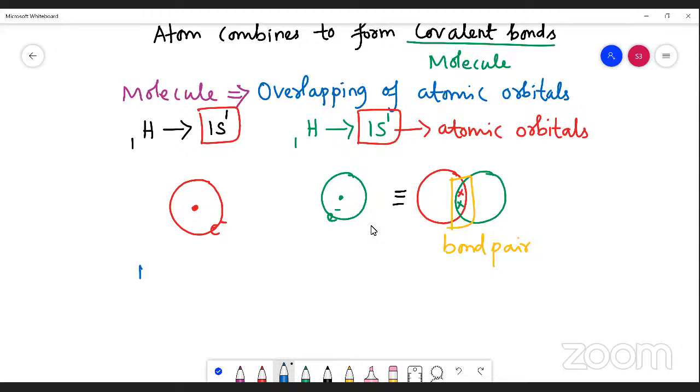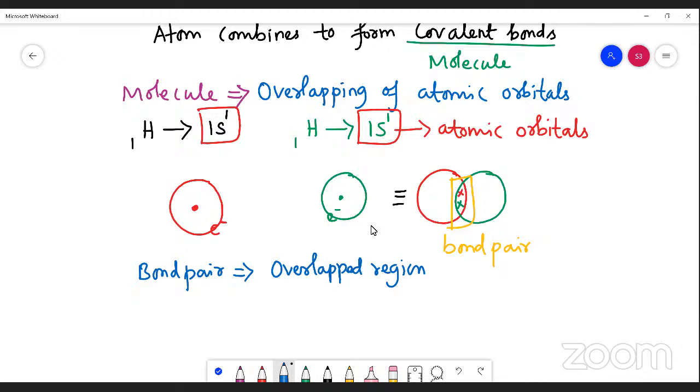So this bond pair, where is it present? It should be present in the overlapped region. Okay, so this is the overlapped region. Okay. And the complete atomic orbital overlapping will give a molecular orbital. Okay, and this is how the bond and the molecule are formed. If you take two atoms, the atoms should combine to form a molecule.